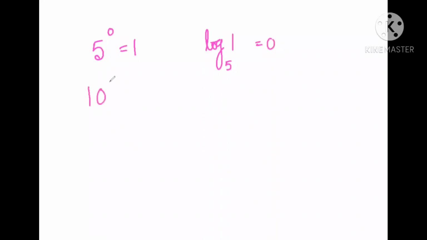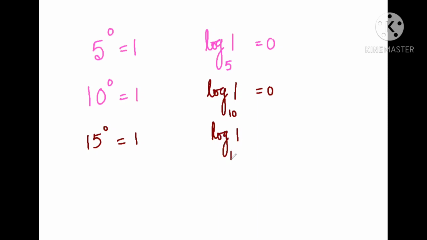Similarly, 10 to the power of 0 is equal to 1, so logarithm of 1 base 10 is equal to 0. 15 to the power of 0 is also 1. Any number, if you take the exponent as 0, you will get 1 only. Therefore, logarithm of 1 base 15 is also 0.